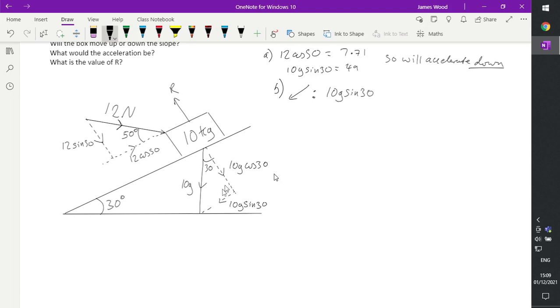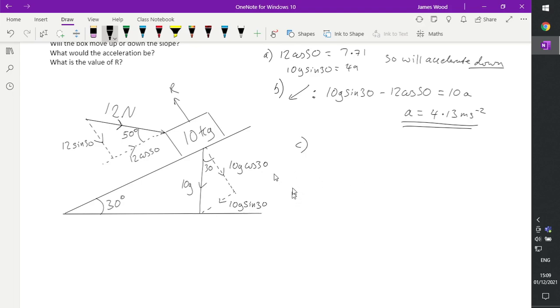The only other force in that direction, parallel to the slope, is this one, and that's going the opposite way. So that's going to be negative 12 cos 50, and that equals ma, so 10a. And I can solve that to give me a equals 4.13 meters per second squared down the slope.